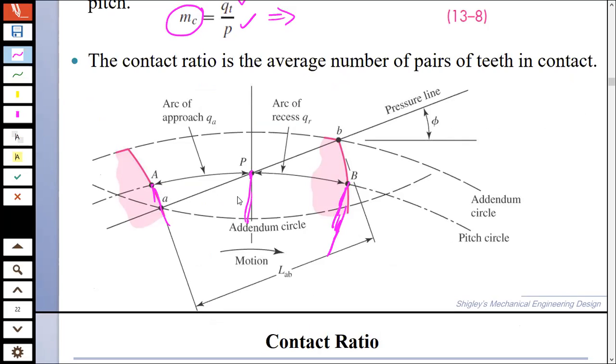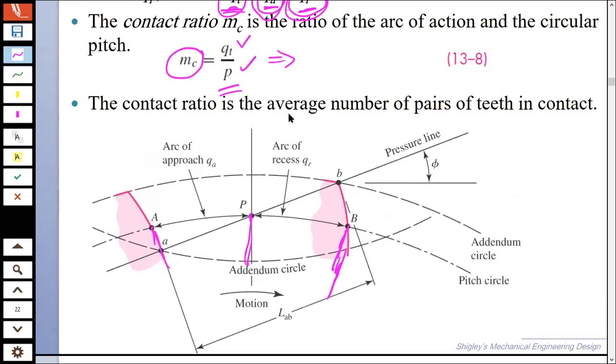P is the circular pitch. Now, what is this pitch? This is the sum of the tooth thickness and the width of the space between the two teeth. If this is equal to 1, that means only one tooth is in contact.